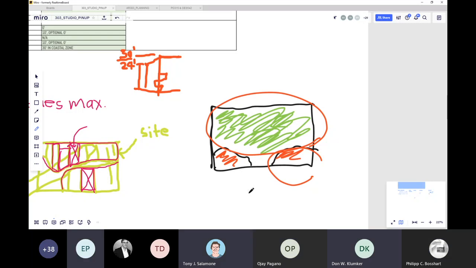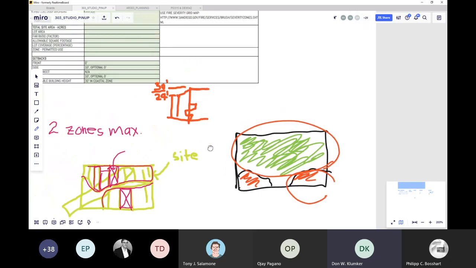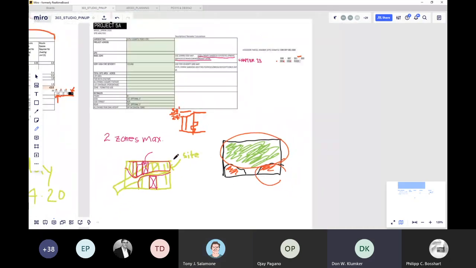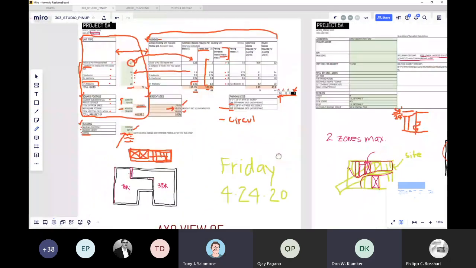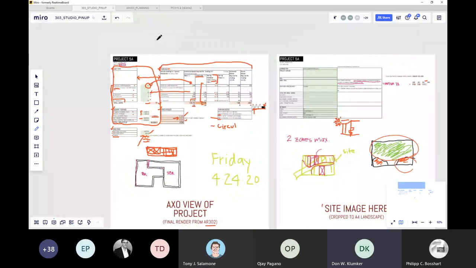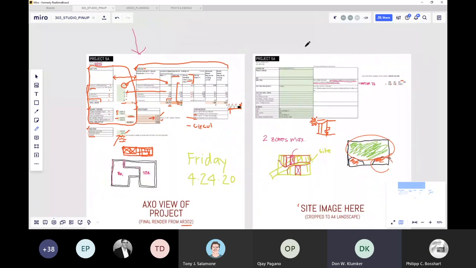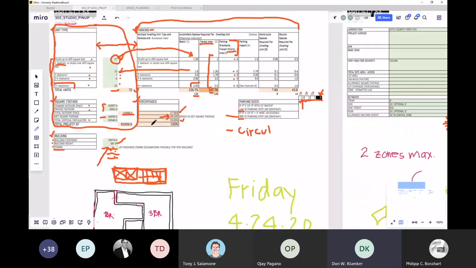Other questions, guys? I know there's a lot of detail. We can talk offline on it. Where do we begin? What's the first step? It seems like using this template here, on this left side, plugging in the unit types and doing the research on chapter 13 and 14, and start plugging the numbers in.